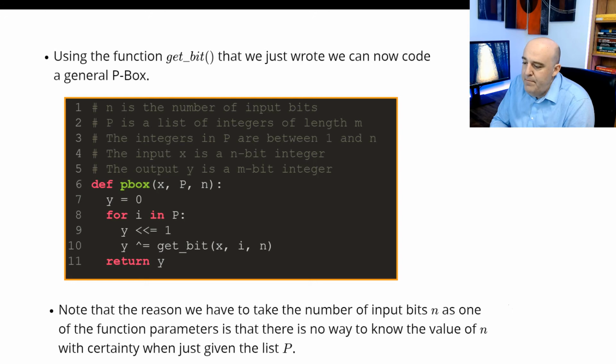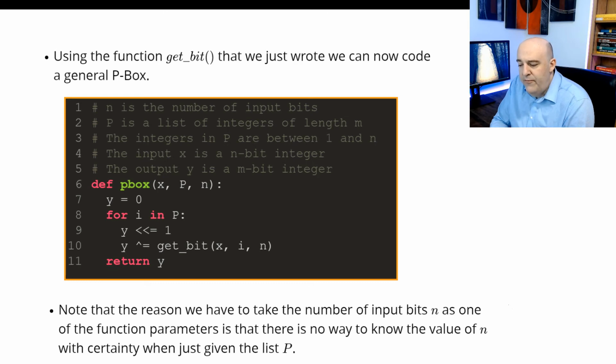And the way we're going to proceed is the value of y, which we initialize to be 0, is going to be our output. It'll be an m-bit integer. And we're going to cycle through the elements of P. Since there are m elements of P, there's going to be m cycles through this for loop. And what do we do on each cycle of that for loop?